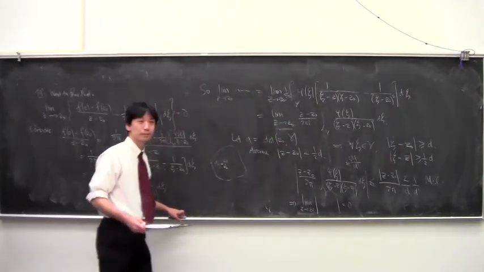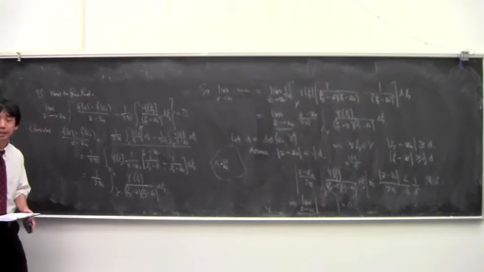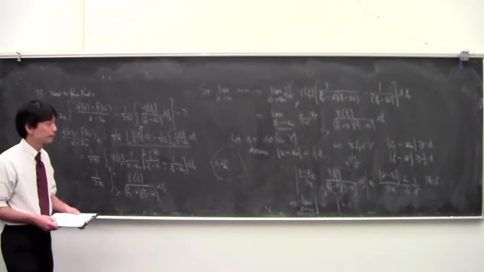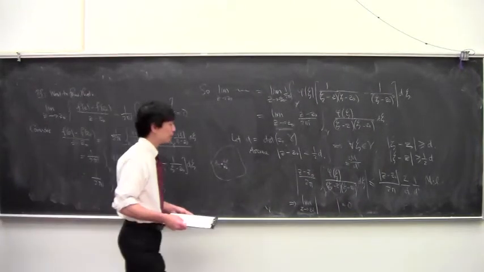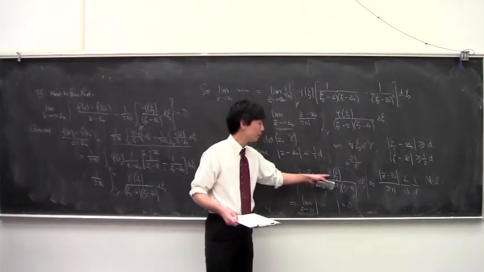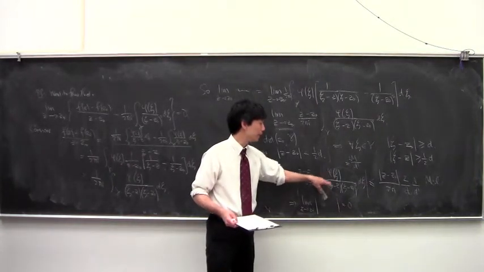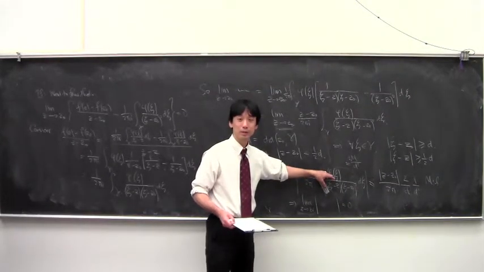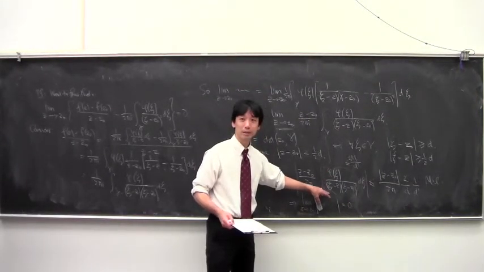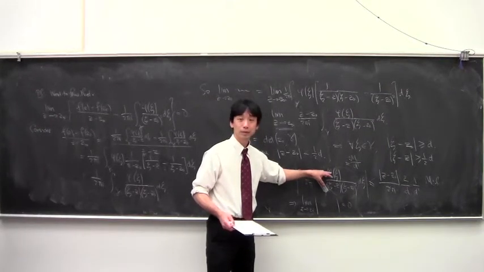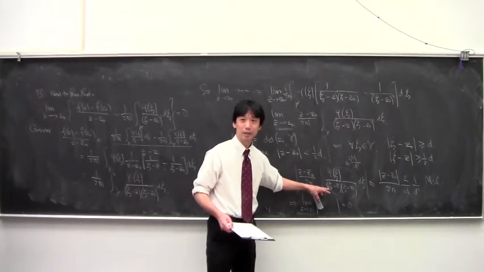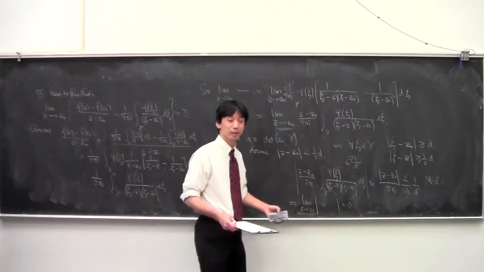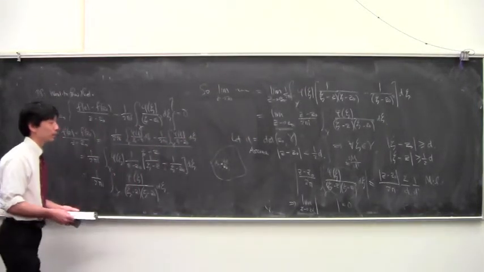Okay. Yeah, Mike. Could you explain M, where that came from? M is just the maximum of the absolute value of phi on gamma. Remember that phi was continuous, and this gamma is compact. So you've got a continuous function on a compact set, so it will attain its bounds.